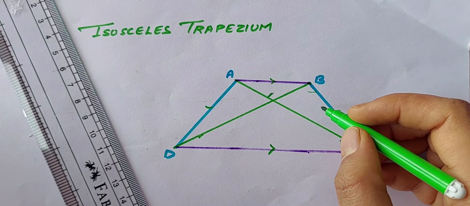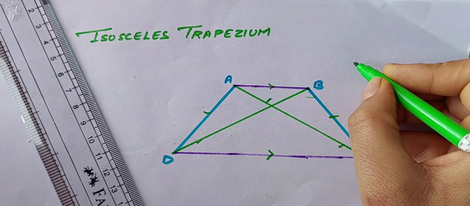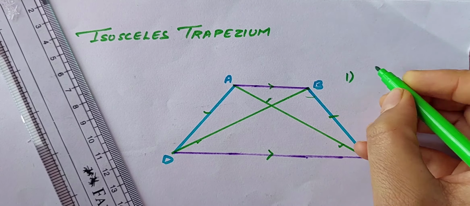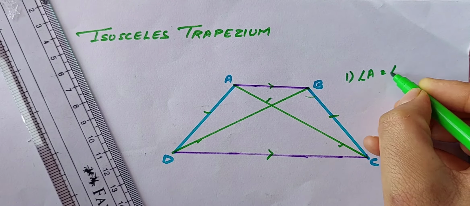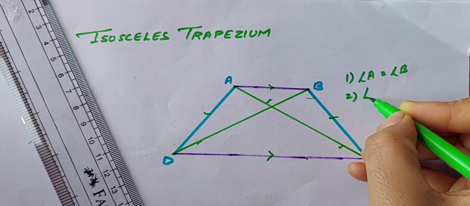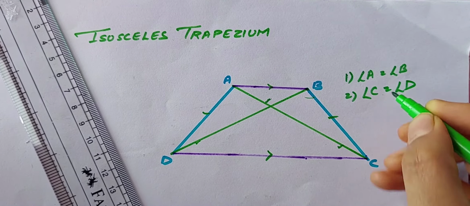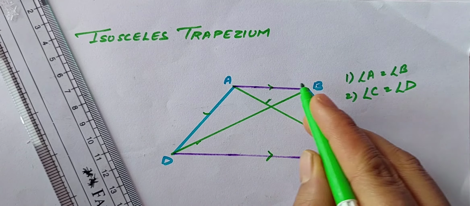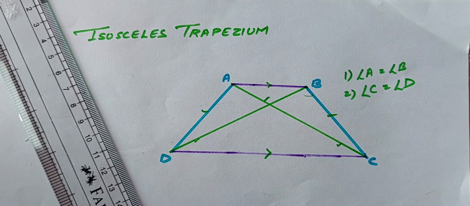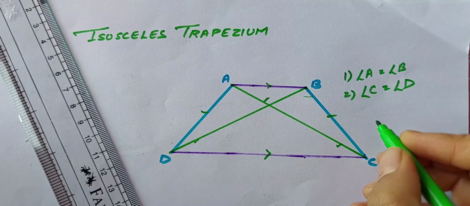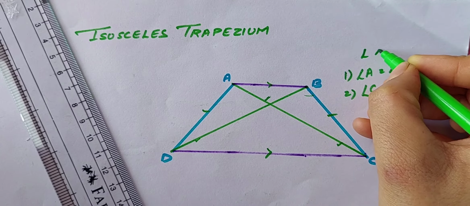So the properties that can be seen here are angle A equals angle B and angle C equals angle D. So these are angle related properties. Side related properties are already given.